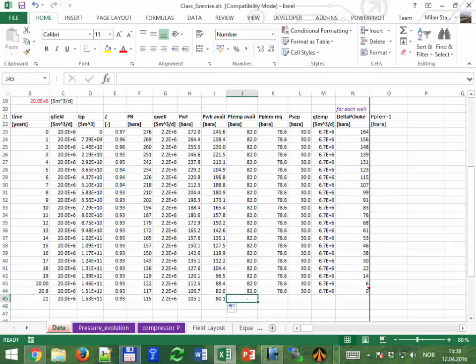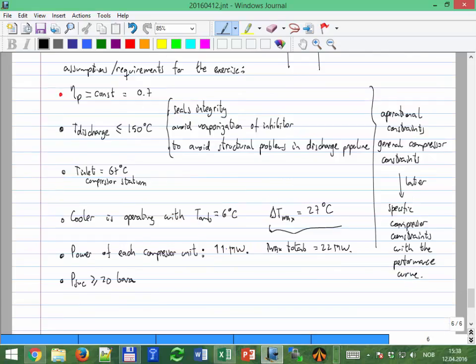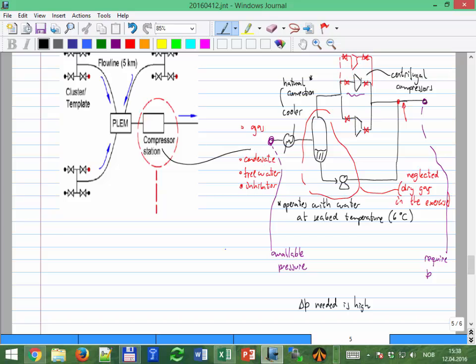Then we calculate, after that we have to continue, okay? What do we have? Okay, we are moving from the well at the bottom all the way to the wellhead. But now this is not the equilibrium. We cannot stop there, but we have to continue from the template to the plem, okay?